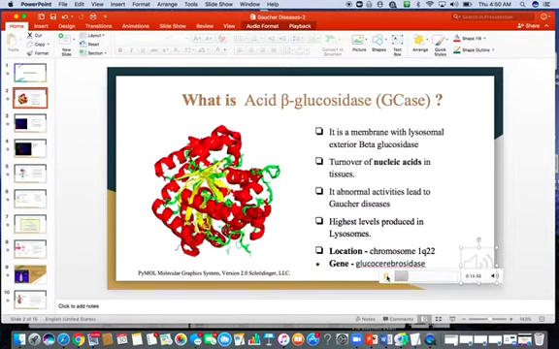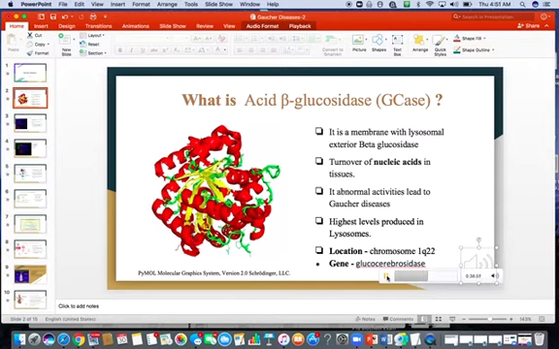It is an enzyme whose primary goal is to convert glucocerebroside to ceramide and glucose. And these are some of the characteristics and features that come along with that specific enzyme.